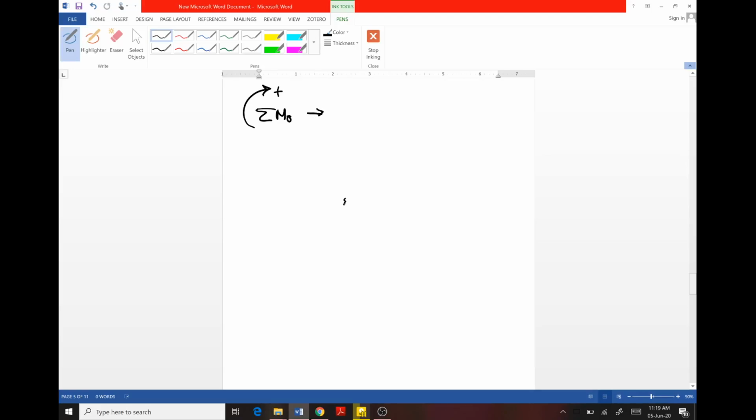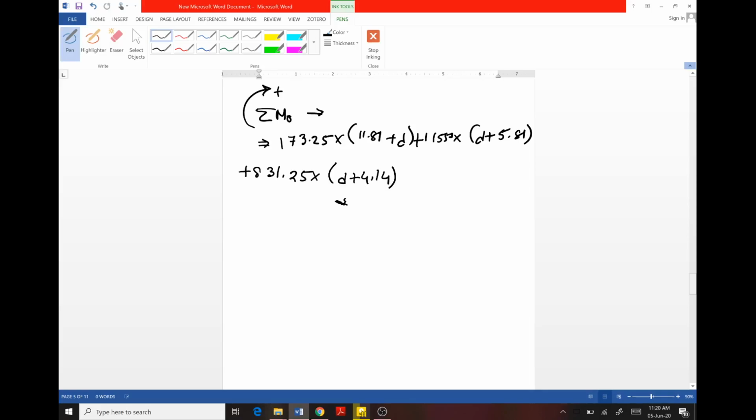So 173.25 into 1.81 plus d, plus 155 into d plus 5.81, plus 83.25 into d plus 4.14, plus 81.5 into d plus 0.54, minus, as this is the anti-clockwise direction, d square into d by 3.